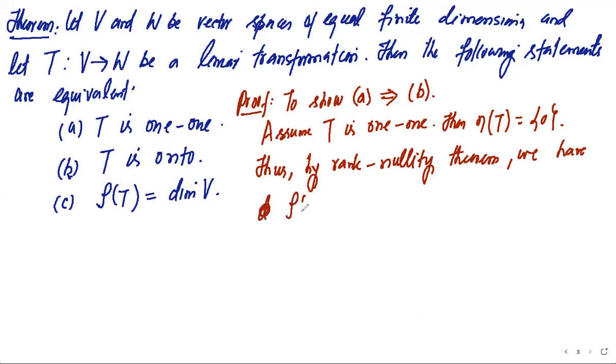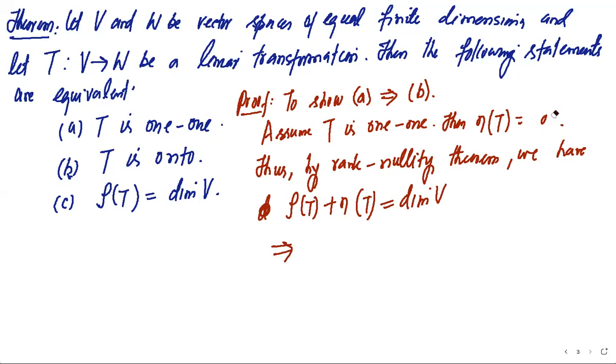We have rank of T plus nullity of T is equal to dimension of V. And this rank nullity theorem now implies that when nullity of T is 0, here we have to write 0.